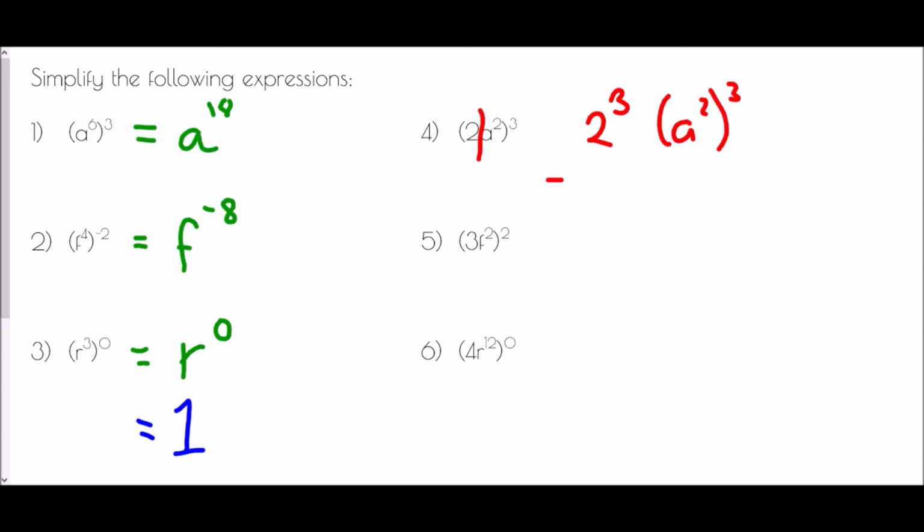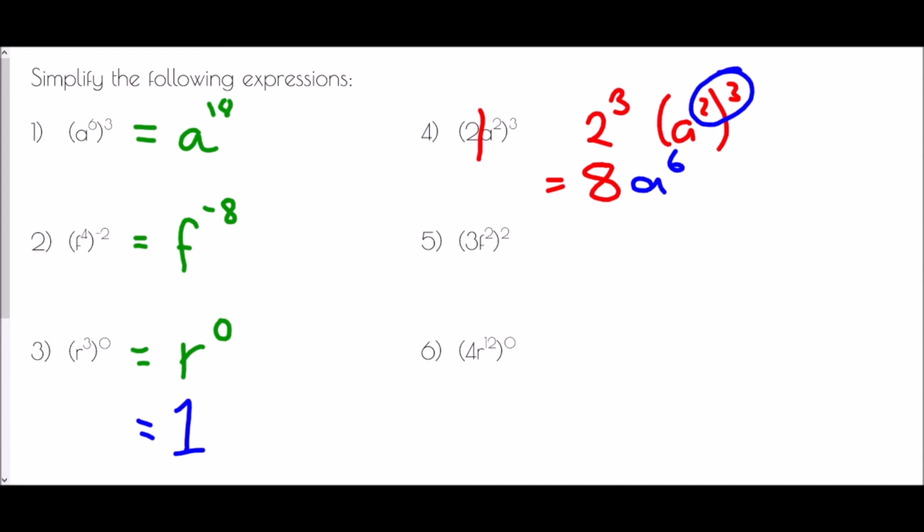And so the 2 to the power of 3, well, that's 2 times 2 times 2. That is 8. The a squared being raised to the power of 3, that is where our laws of indices come in. We need to multiply those together. And so we would get a to the power of 6.